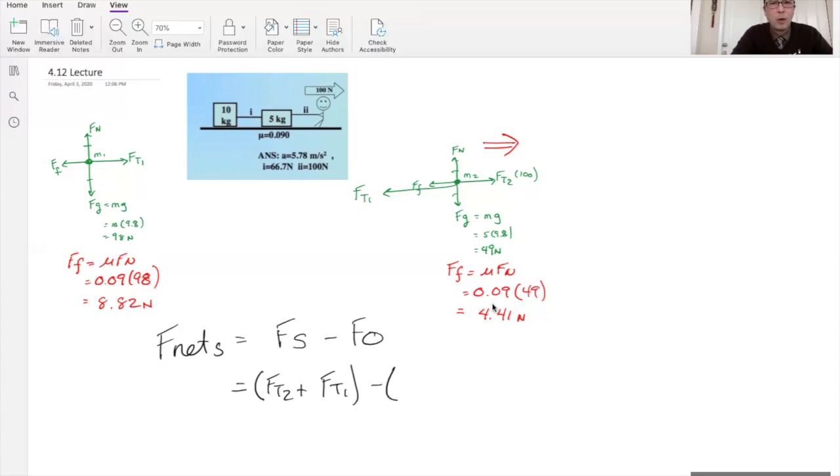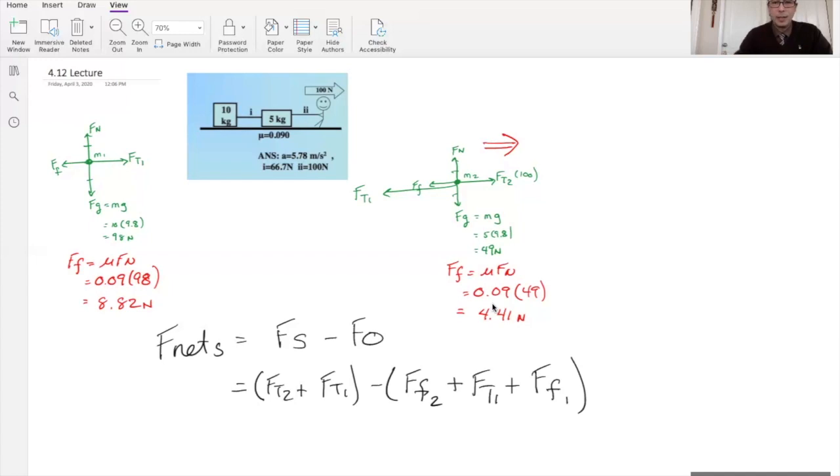Opposing forces will include all the forces that oppose the movement to the right of the diagram. So that's going to include force of friction on object 2, the force of tension 1 on object 2, and on object 1, it's going to include the force of friction.